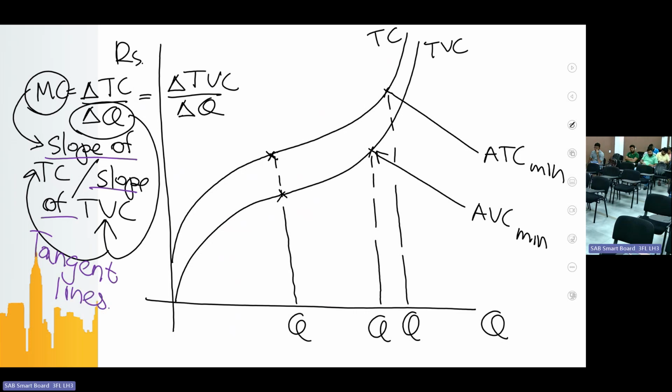So to measure MC, we can draw tangent lines either to TC or to TVC. Both will give the same results.